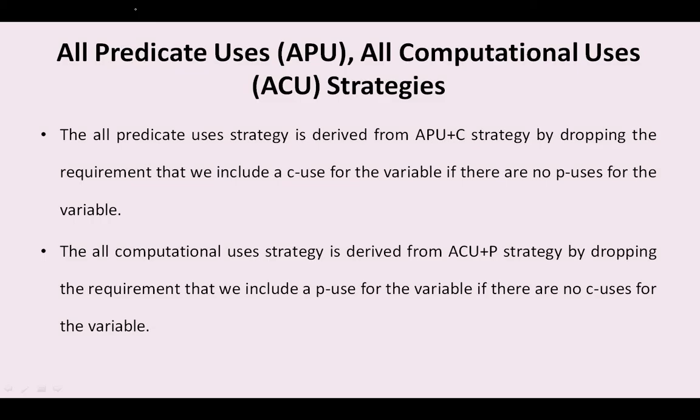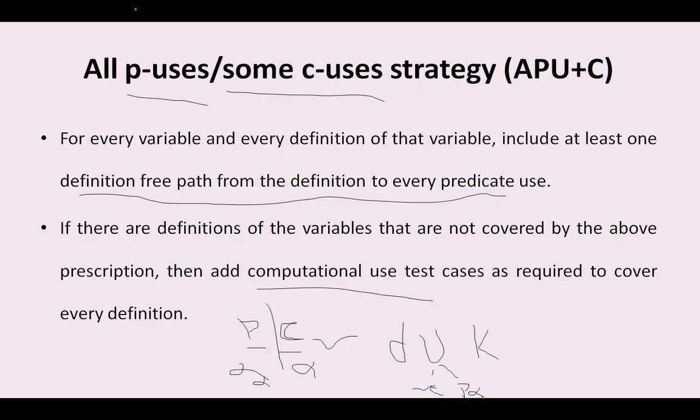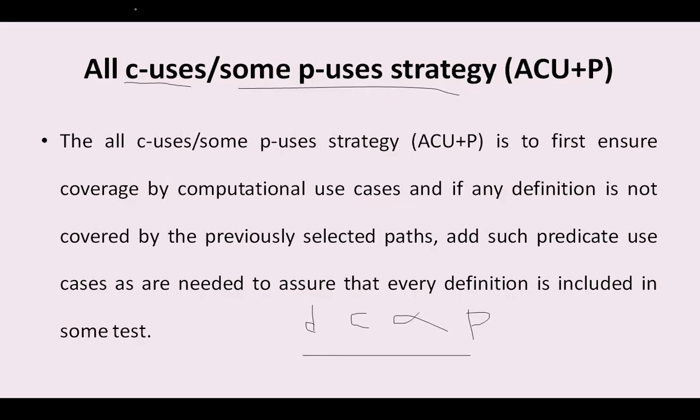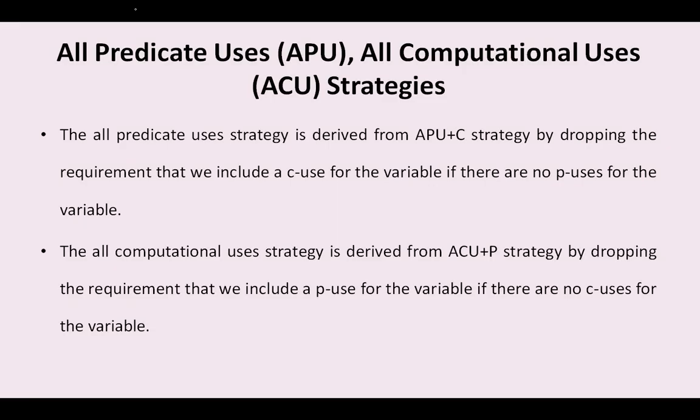These two are derived from ACU plus C and ACU plus P; it may come under either C or P. Here it represents all predicate uses, dedicated only to the predicate uses strategy, but not the C use strategy.